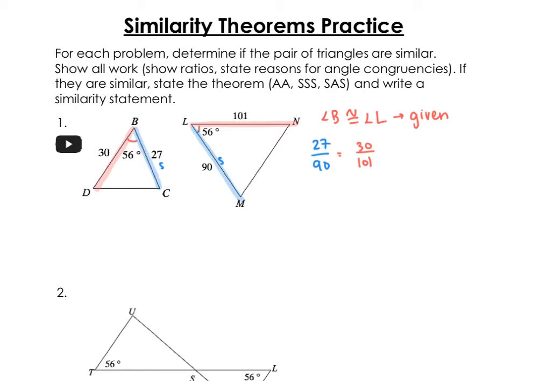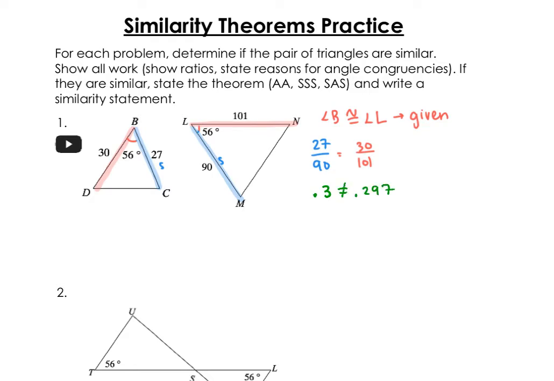So in order for these to be similar, those ratios have to be equal. So in my calculator, I'm going to do 27 divided by 90. We get exactly 0.3. And then 30 divided by 101, we get 0.297.